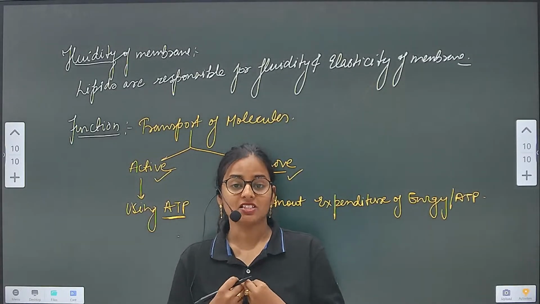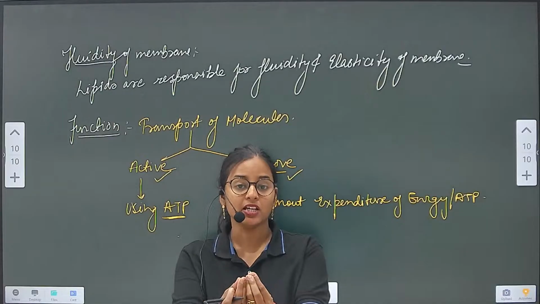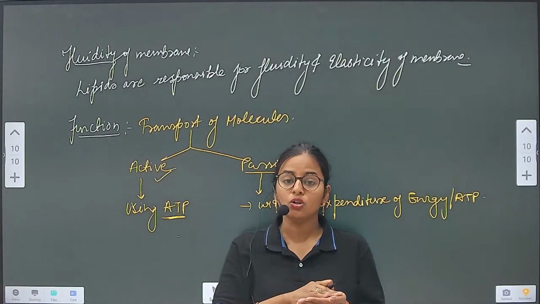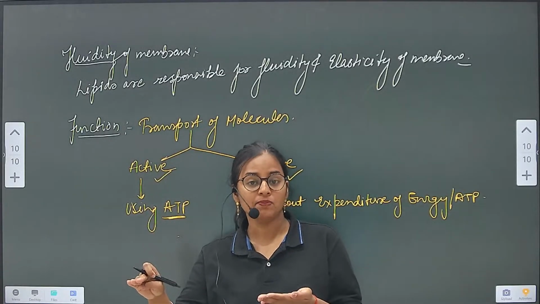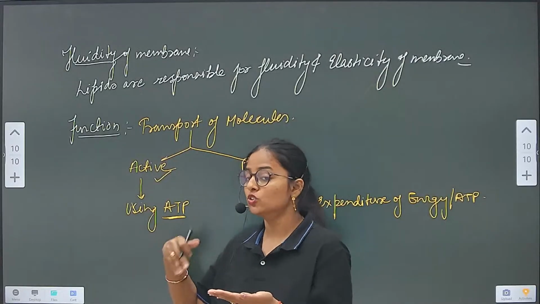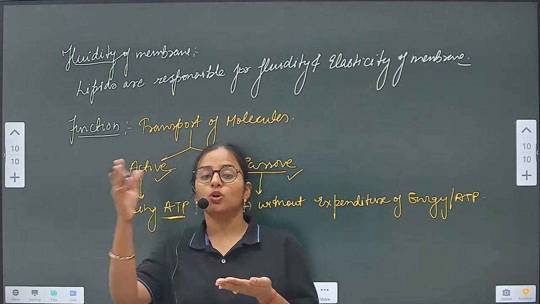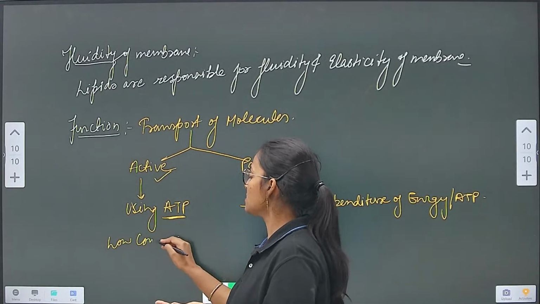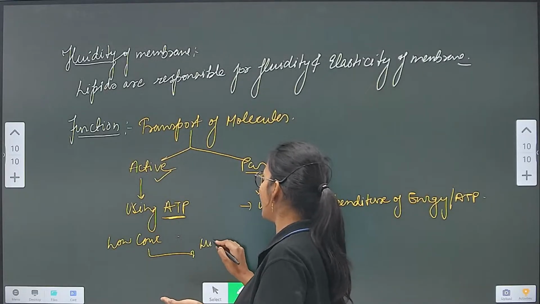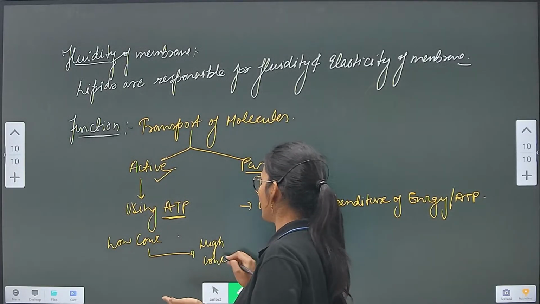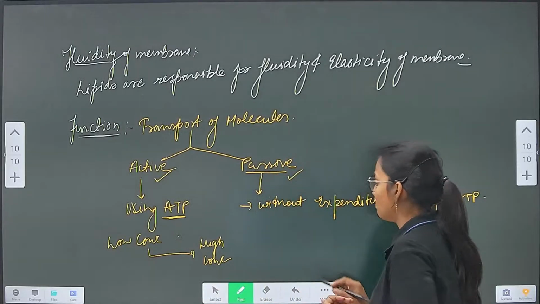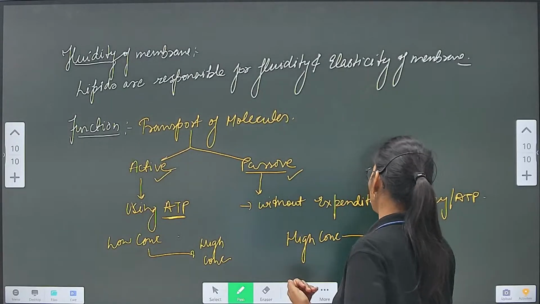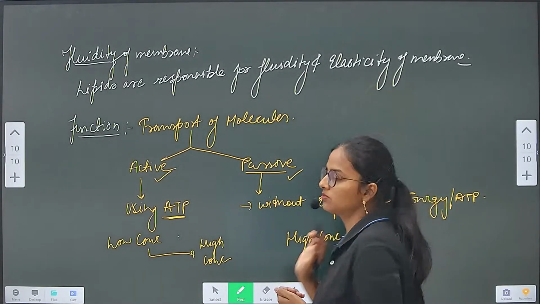My concentration is less, so I need to spend energy. So from low concentration to high concentration, it requires energy. Whereas in passive, from high concentration to low concentration, it is passive.